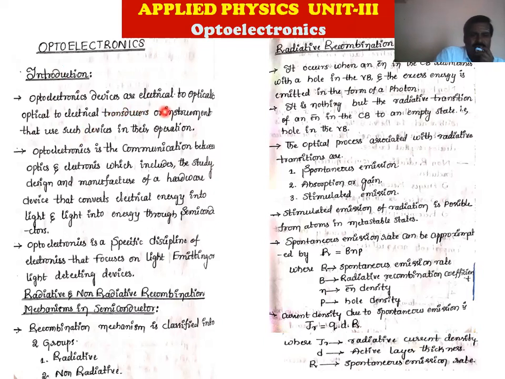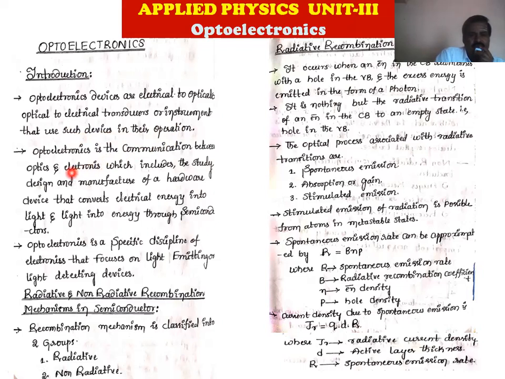Optoelectronic devices are electrical to optical and optical to electrical transducers, or instruments that use such devices in their operation.